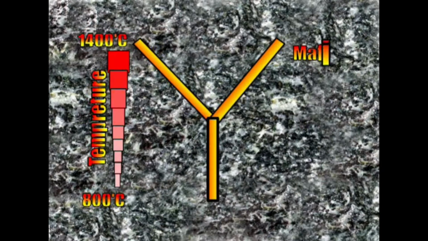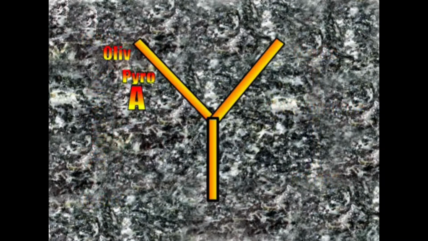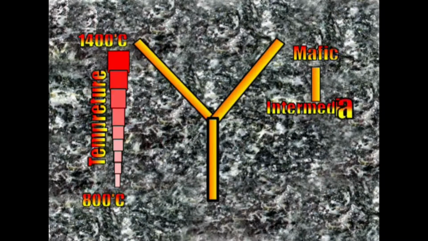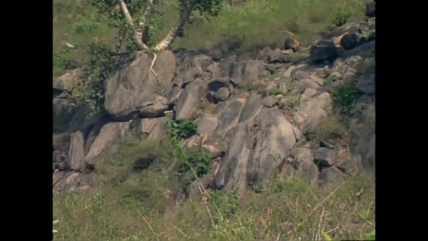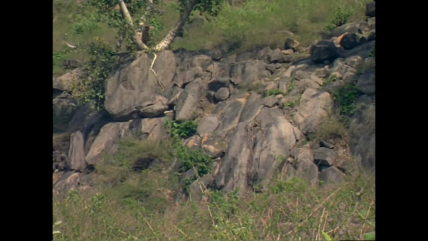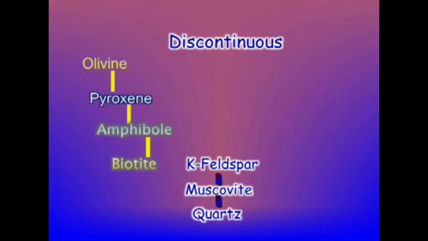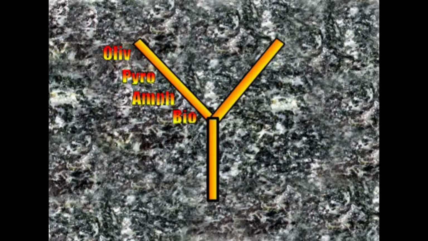The minerals at the top of the illustration are the first to crystallize, and so the temperature gradient can be read to be from high to low, with the high temperature minerals on the top and the low temperature ones on the bottom. Since the surface of the earth is a low temperature environment compared to the zones of rock formation, the chart also easily shows the stability of minerals, with the ones at the bottom being most stable and the ones at the top being quickest to weather.